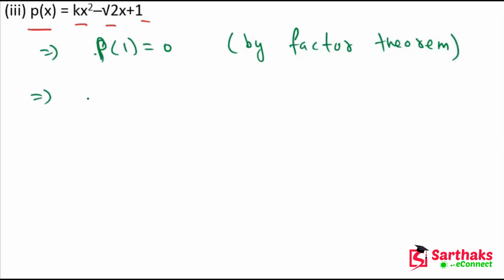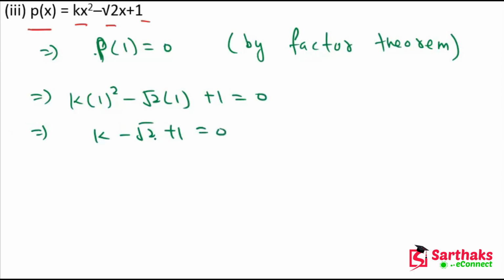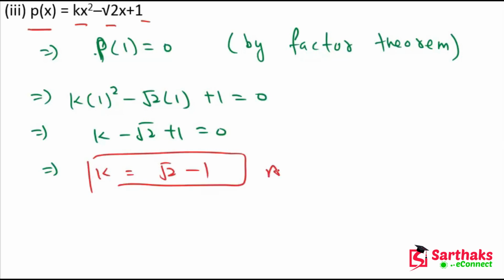So here it is k into 1 square minus root 2 into 1 plus 1 equals 0. So we get k minus root 2 plus 1 equals 0. Now we shift all the constant terms to the RHS. So we get k equals root 2 minus 1. I hope you understand these things.